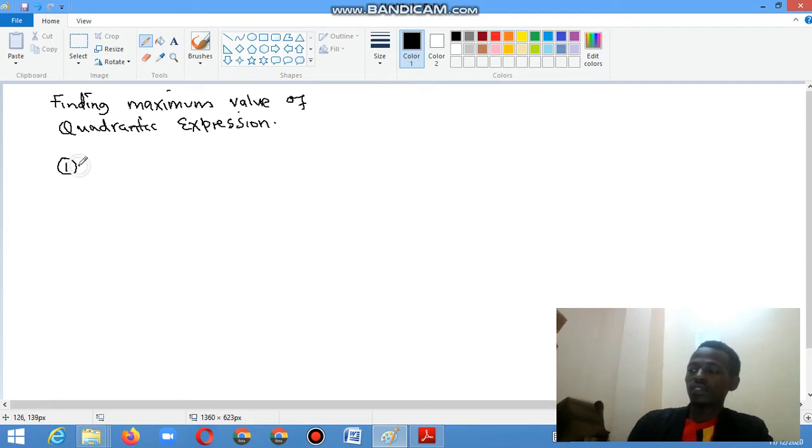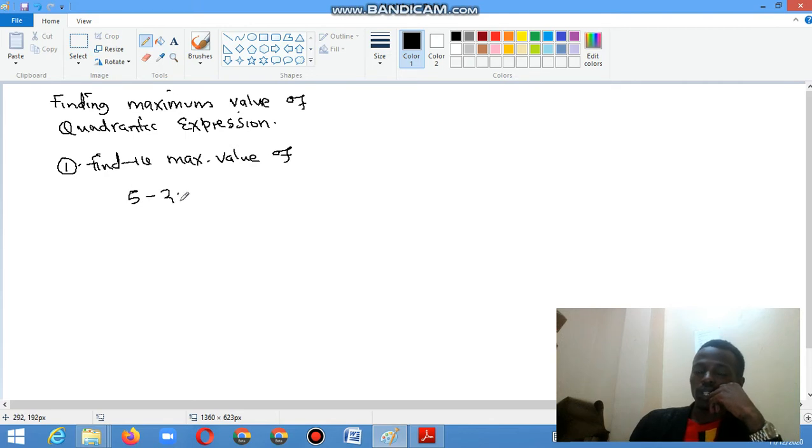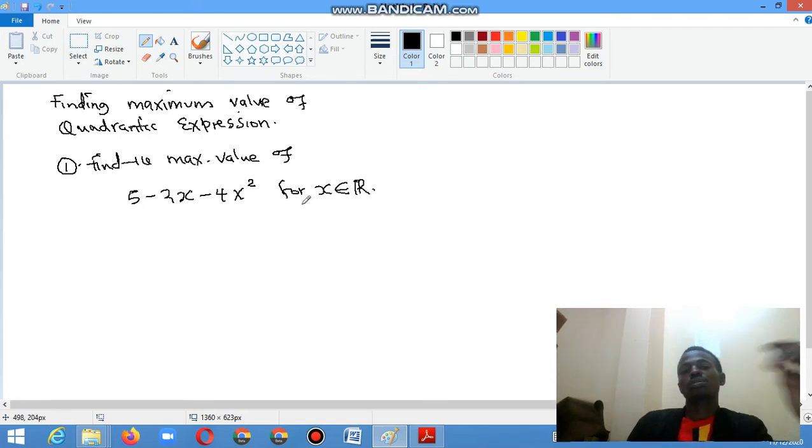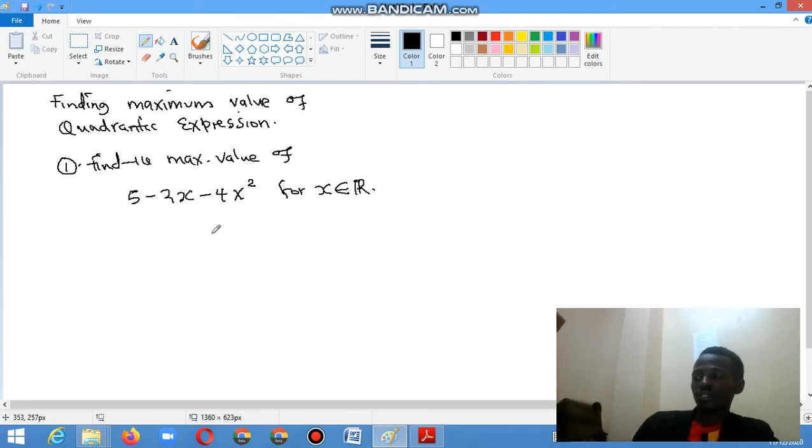They are saying, find the maximum value of this expression here, 5 minus 2x minus 4x squared, for all x being real values. And then how do you do this? So, solution.